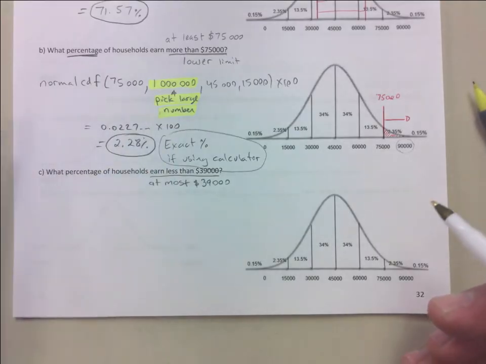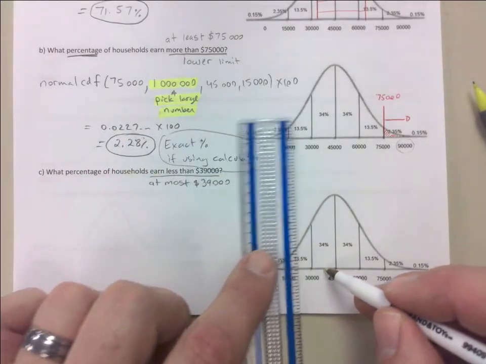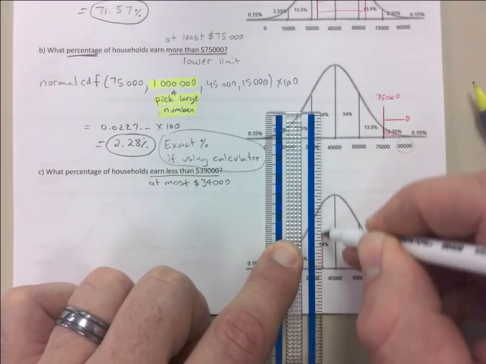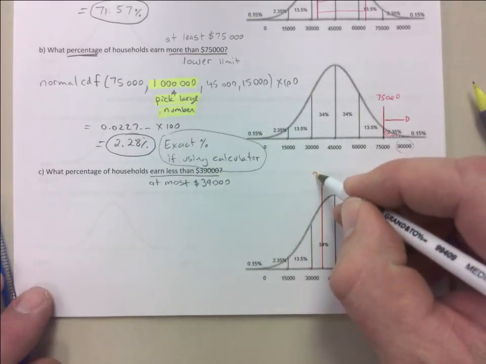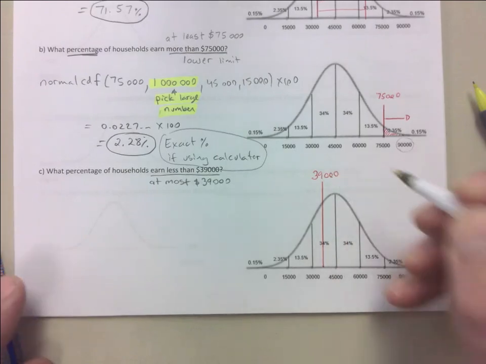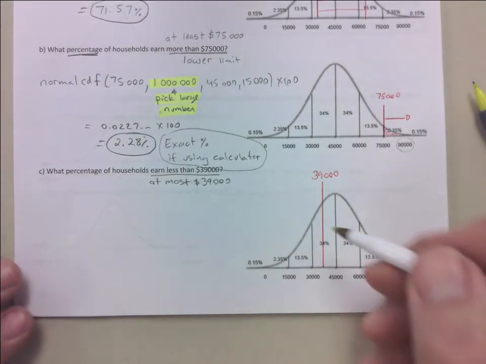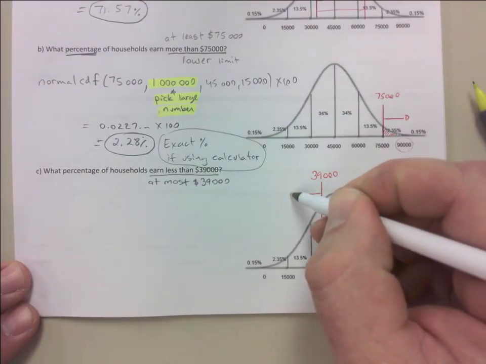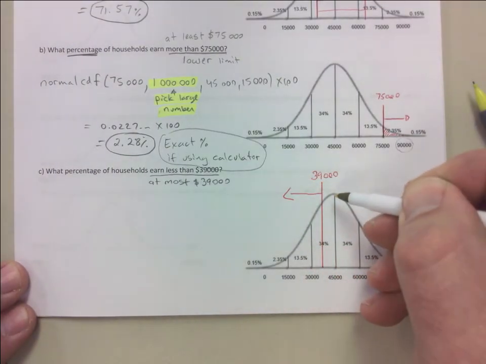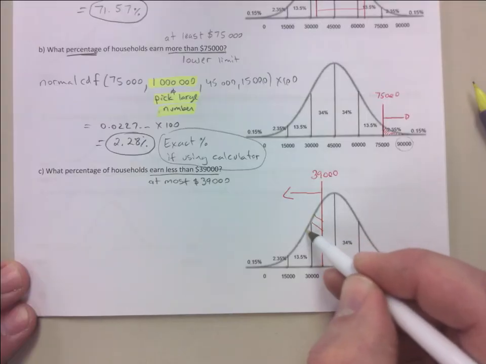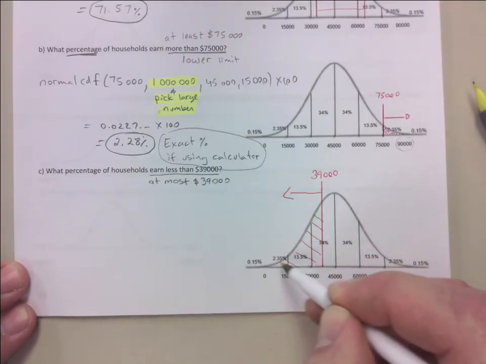So let's go to our graph here. 39,000 is right about there. It's just an approximation, right? This is 39,000. And we want, right, this or less. So we're basically interested in all of this under the curve.